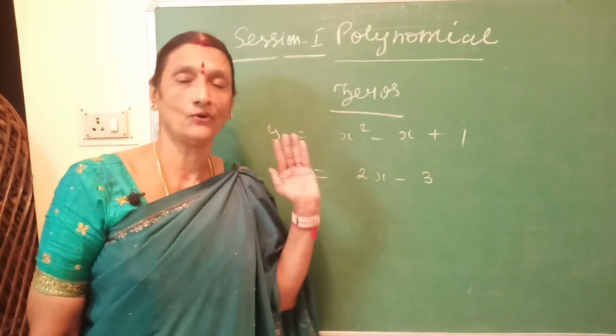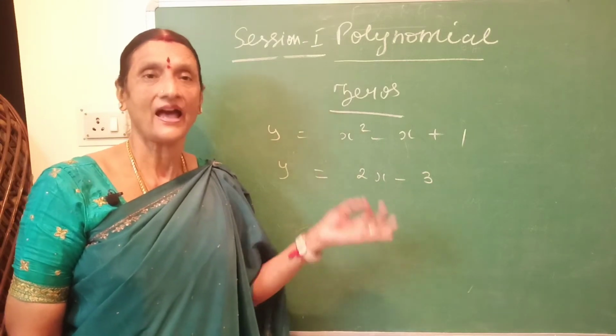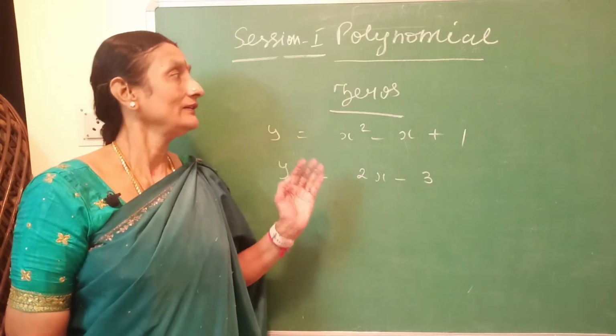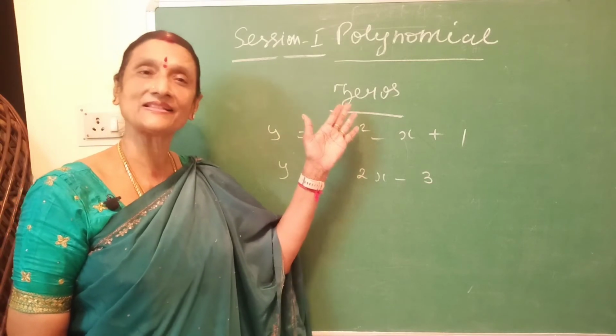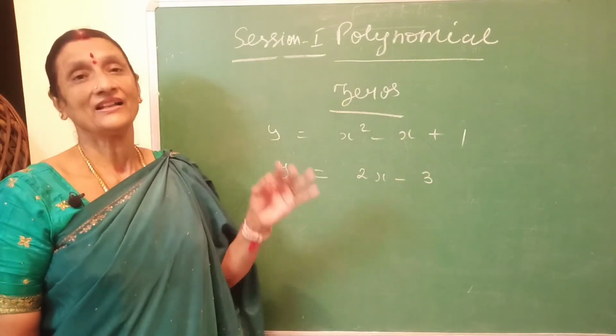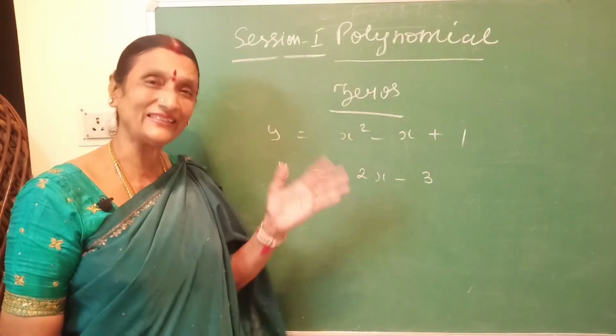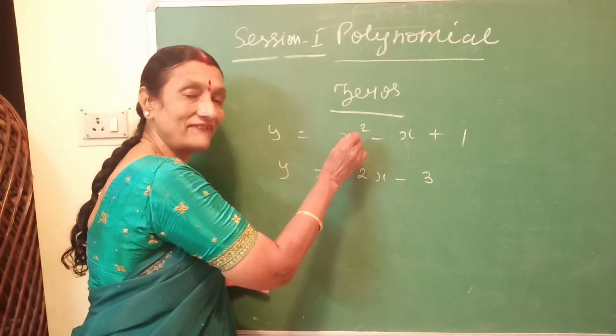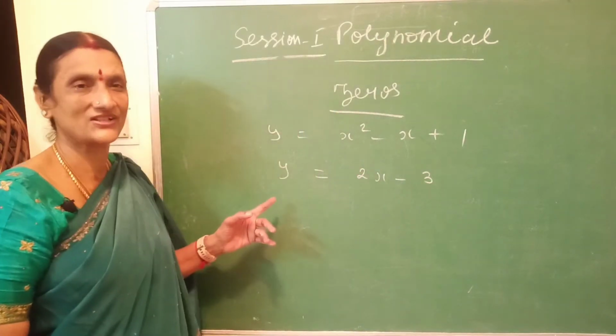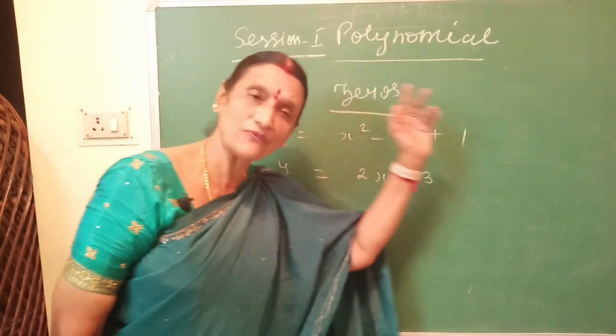So, before that, I would like you to understand what is meant by zeros of a polynomial. Zeros of the polynomial are nothing but the values of x for which the polynomial itself is 0.